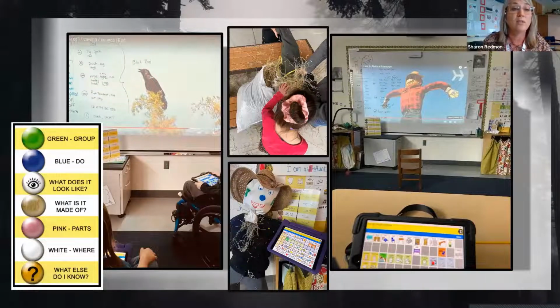So, well, parts of a bird, their wings, and they have eyes, and they have teeth. And so now we're going into their talkers, and we're using core words to describe and access parts of their body. Super important for our students to know where that is in a fun and engaging way.